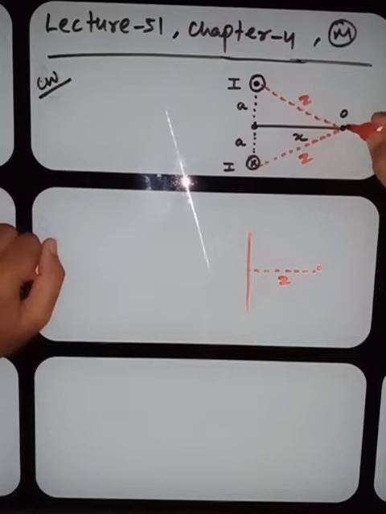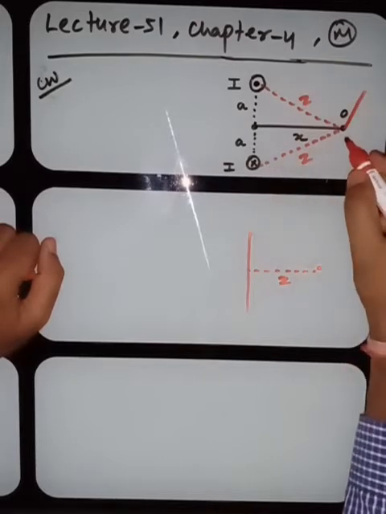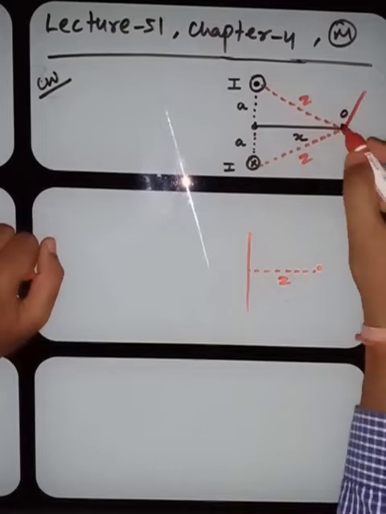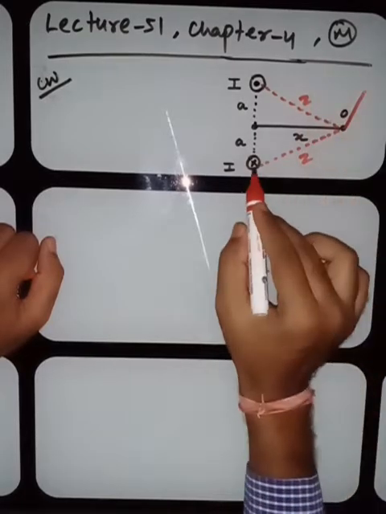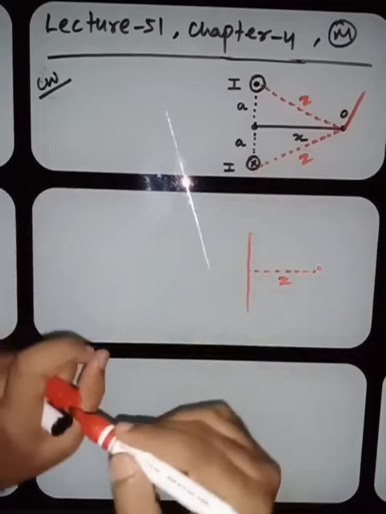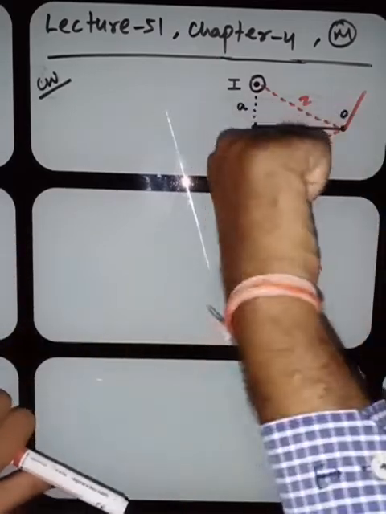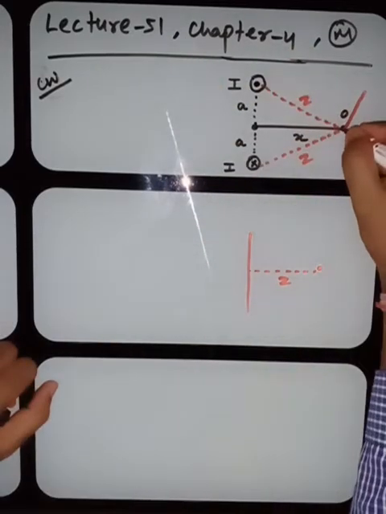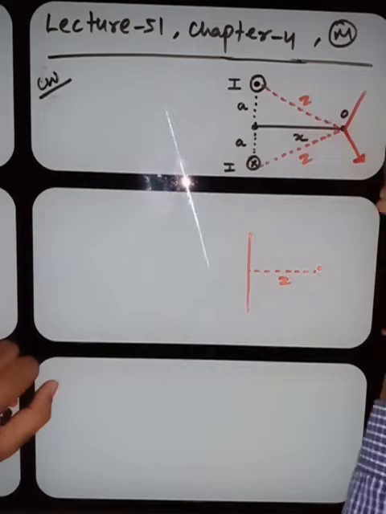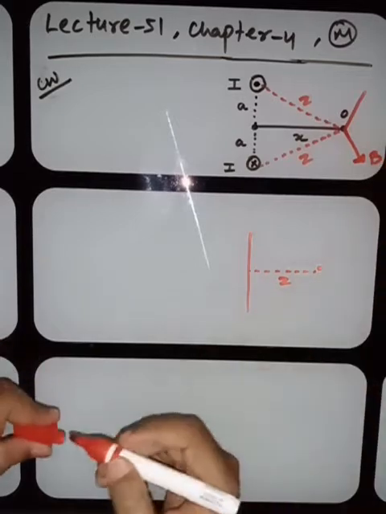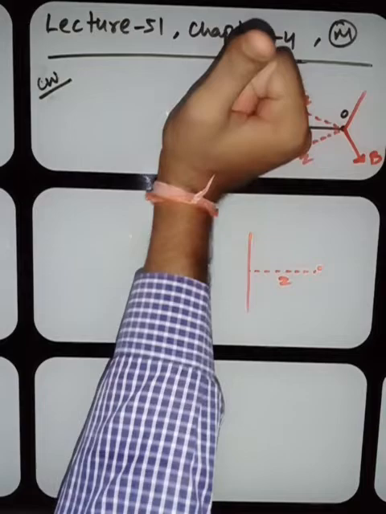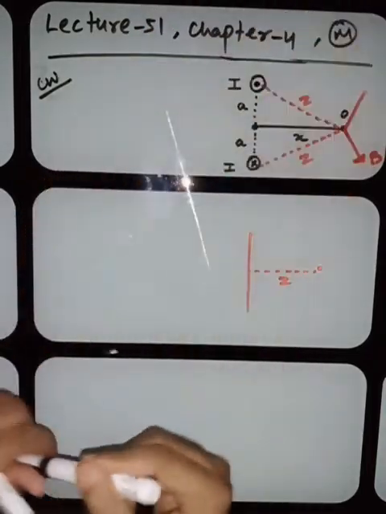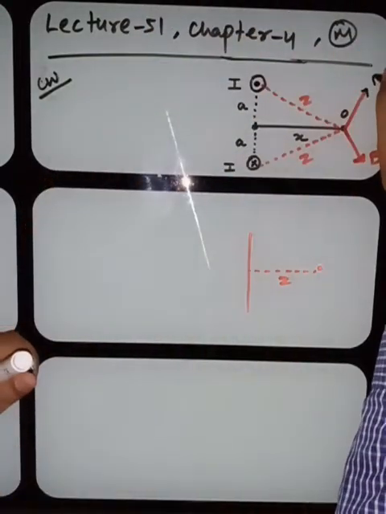The current is moving downward, so at this point the magnetic field will be in this direction, perpendicular to this line. Suppose this is the magnetic field B, and due to this conductor the current is moving up, so the magnetic field will be in this direction. Suppose this is also B.